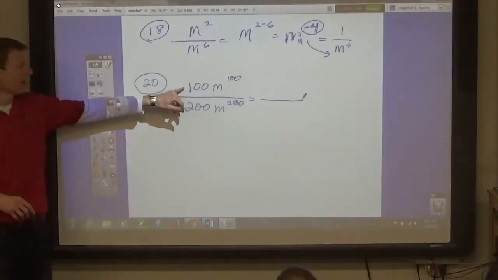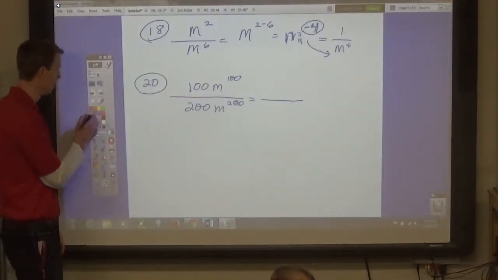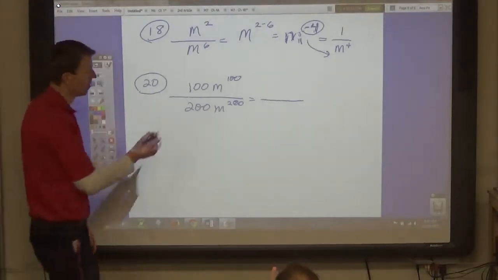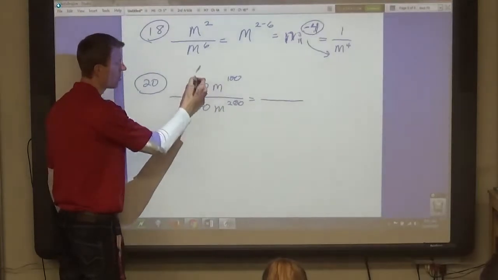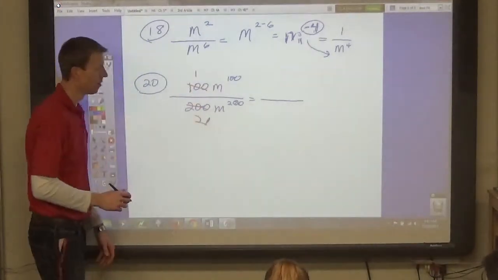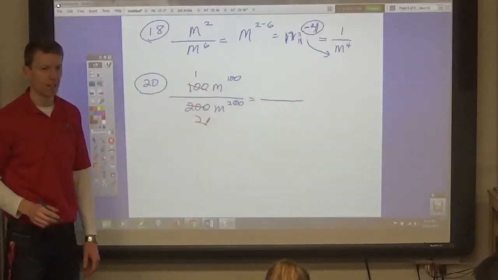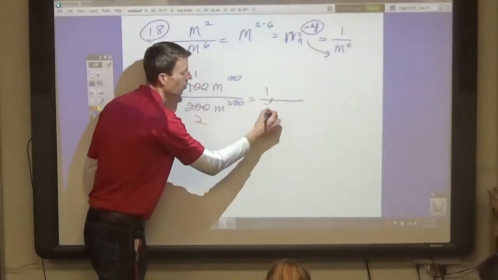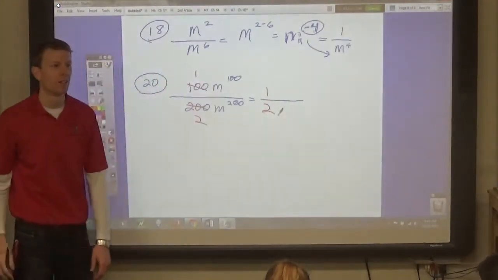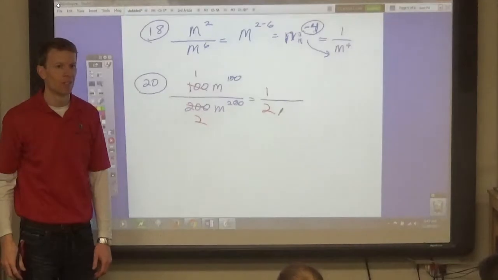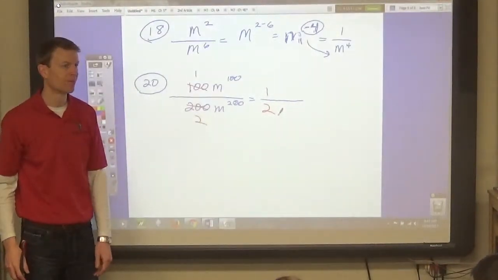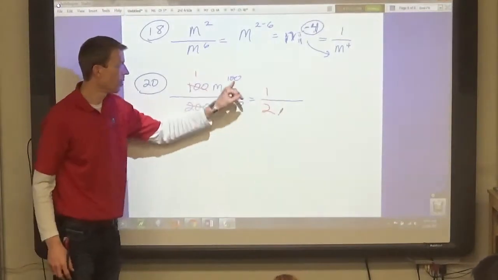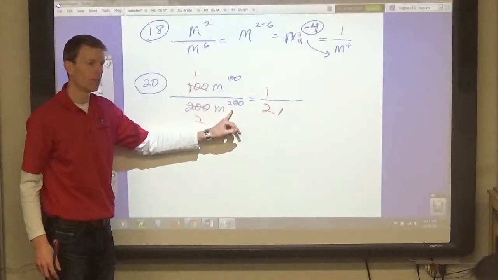What can we factor out? You could take out the 100 and 200 and make it 1/2. Yeah, we can factor out 100 out of each, so it's 1/2. So 1 over 2, and then what? 1 over 2, and then what can we do with this?